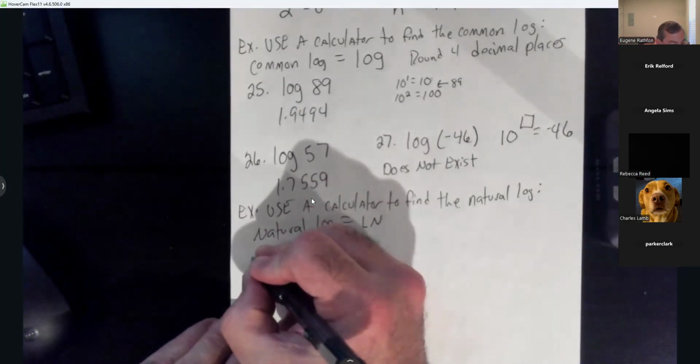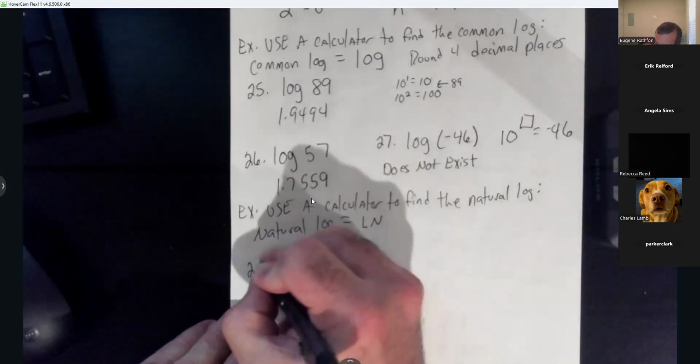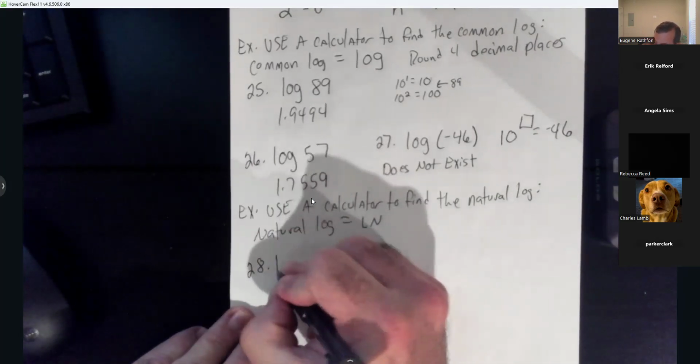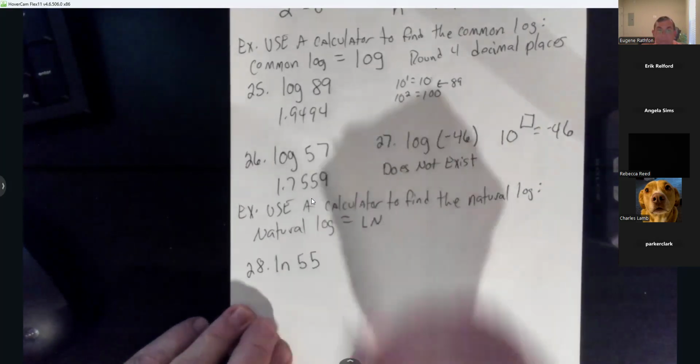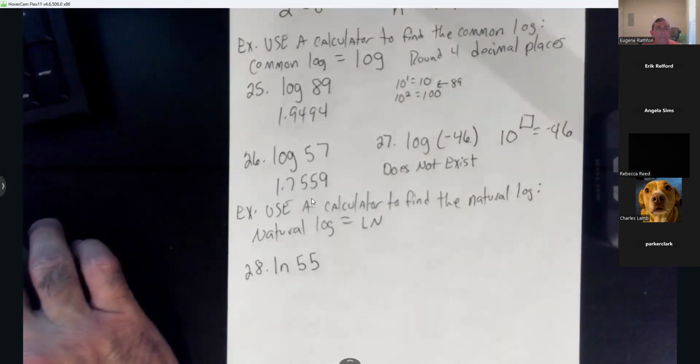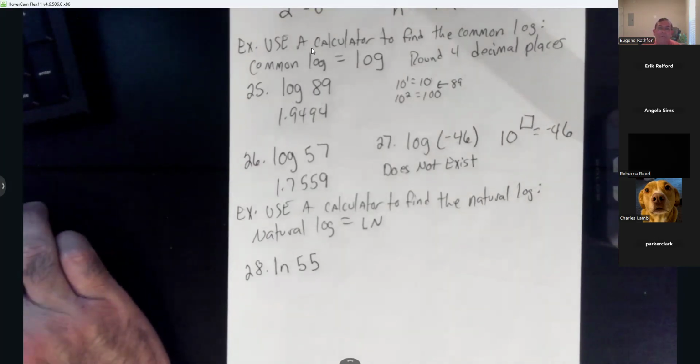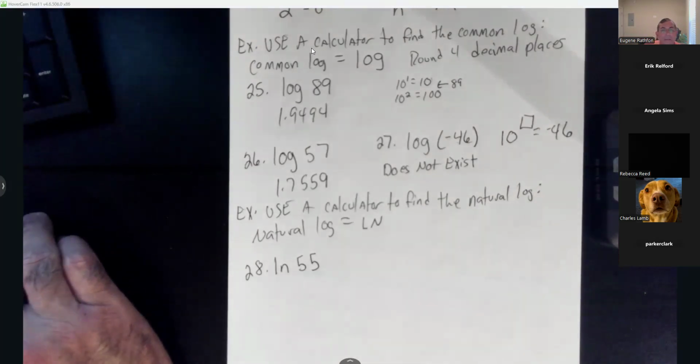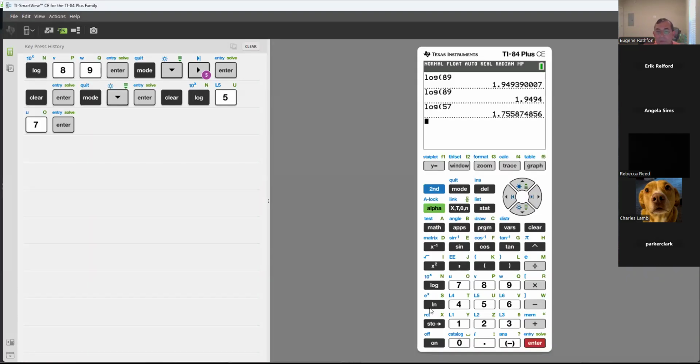So let's try this one, like number 28. They've got LN of 55. We're rounding at 4 spots. So LN of 55. So what y'all got? 4.0073. So here we go. LN 55. Enter. Oh, perfect. 4.0073.